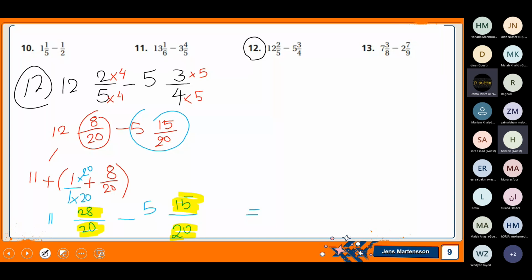I'm not using it. 8 minus 5, miss. 3. 2 minus 1. 1. 1 over 20. And 11 minus 5. 6. So the answer is 6 and 13 over 20.